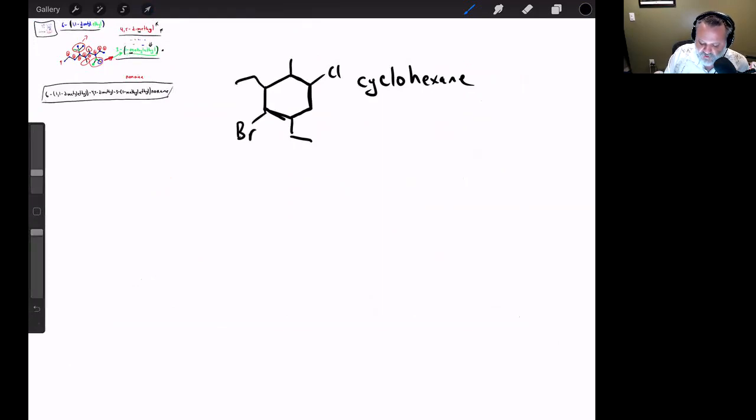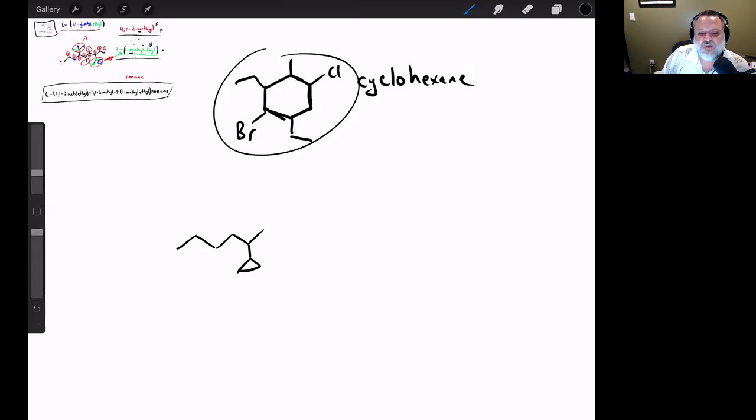And so we'll figure out how to name something like this. But what I want to talk about is what you would name something like this. It's got a cyclic group as a substituent. In this case, you're going to name this based on the number of carbons. Just like here, this is cyclohexane because you have six carbons in a ring.